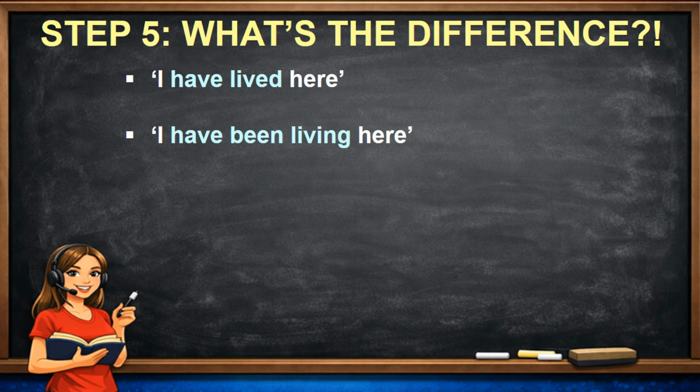Step 5. What's the difference? Now you might ask, wait, I have lived here and I have been living here sound the same. Yes, very similar, but not identical. Let's compare. I have lived here for 5 years. It means this is a fact or situation.